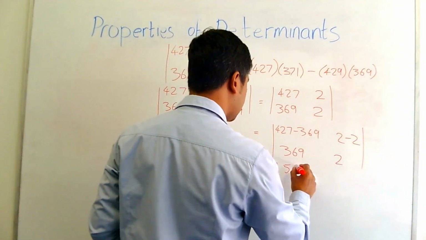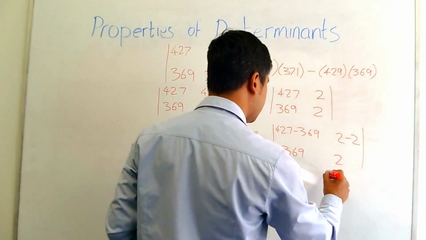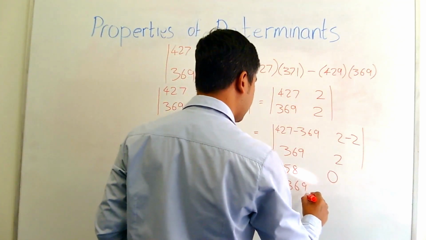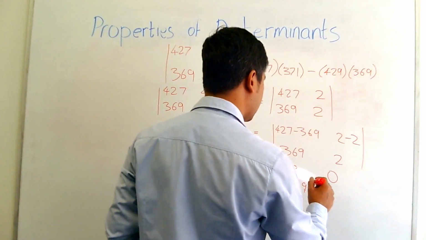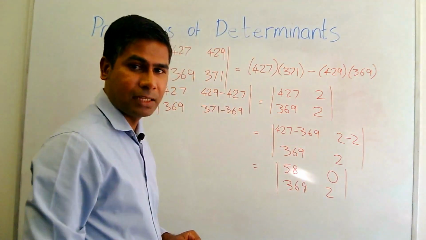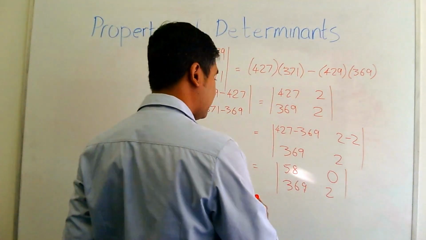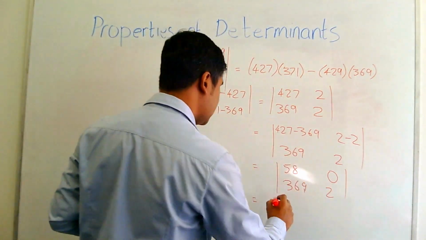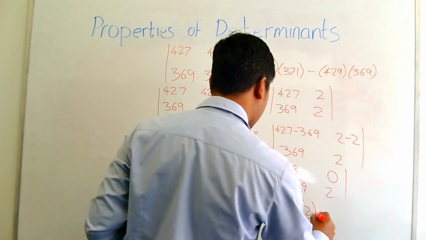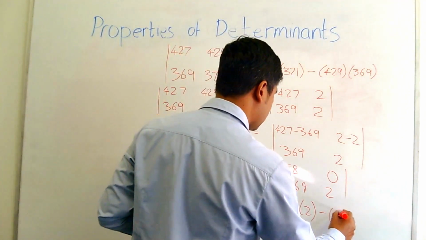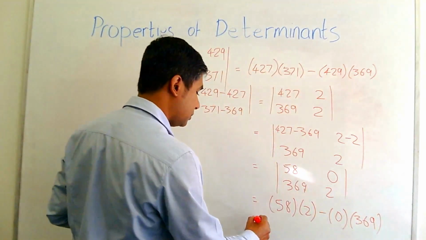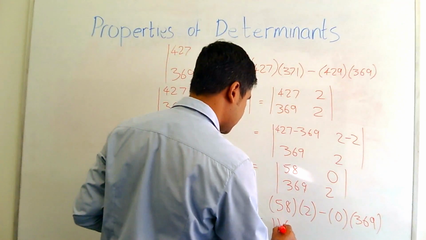We have 58, and then 2 minus 2 is 0, and then 369 and 2. If we want to evaluate that, it's a very simple matter. It's just 58 times 2, minus 0 times 369. So this is just 116.